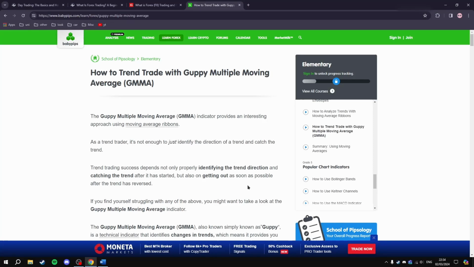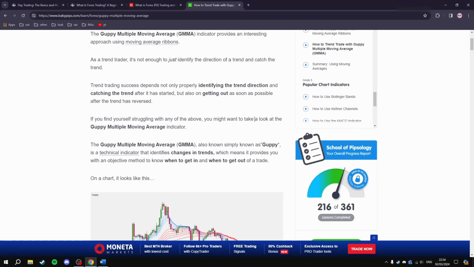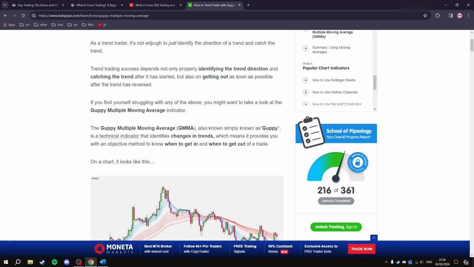The Guppy Multiple Moving Average indicator provides an interesting approach using moving average ribbons. As a trend trader, it's not enough to just identify the direction of a trend and catch the trends. Trend trading success depends not only on properly identifying the trend direction and catching the trend after it has started, but also on getting out as soon as possible after the trend is reversed.